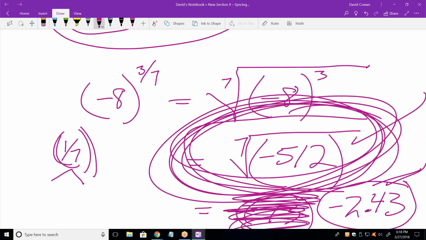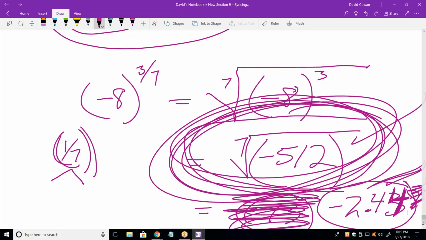If you have a teacher who still has you round it off to two decimal places, then you'd want to put that number. What was the third digit after the 0.43? Let me check. It was 8. So if you were rounding to 2 decimal places, it would be minus 2.44. It all depends on what the instructions are.